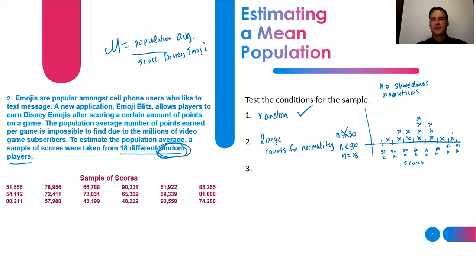This was looking good, actually. There's 93, 83, 81, and 74.